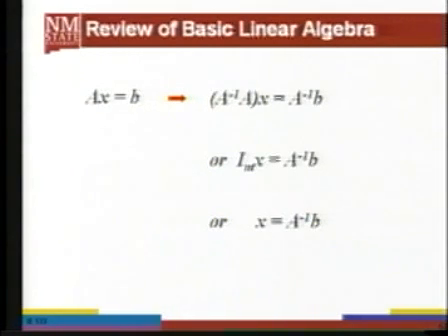And using the associative rule and the definition of a matrix inverse, we may obtain X equals A inverse times B. So this shows that knowing A inverse enables us to find a unique solution to a square linear system, okay?